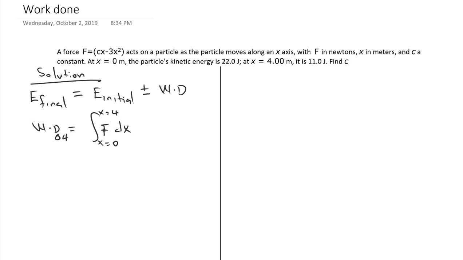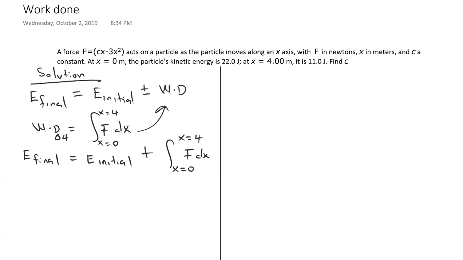So by substituting this into the earlier expression, we have our final mechanical energy equal to our initial mechanical energy plus the integral from x equal to 0 to x equal to 4 of F dx.